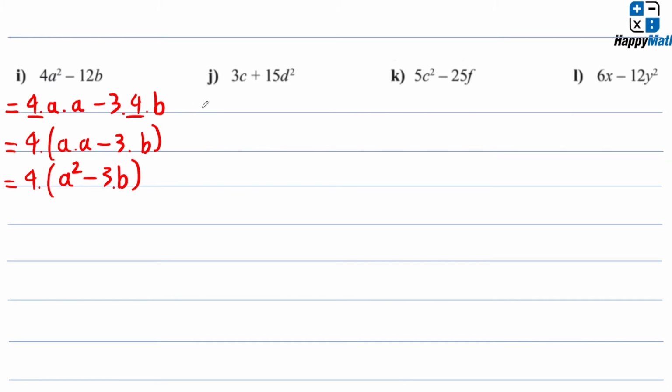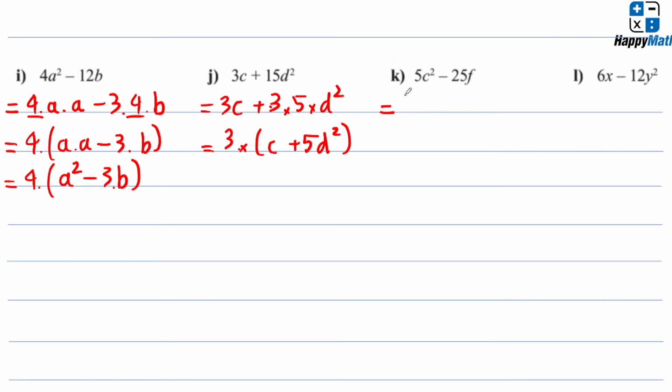Okay, for the next one, 3c plus 15d squared, it means 3 multiplied by 5 and d squared. Take 3 outside because 3 is a common factor. You get c plus 5d squared. Okay, c plus 5d squared. Yeah, that's it.